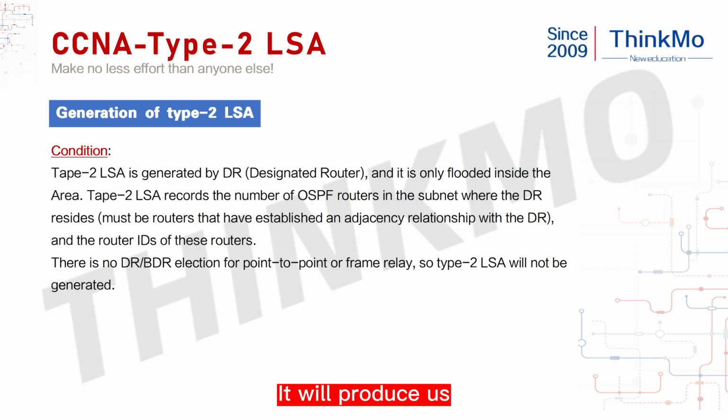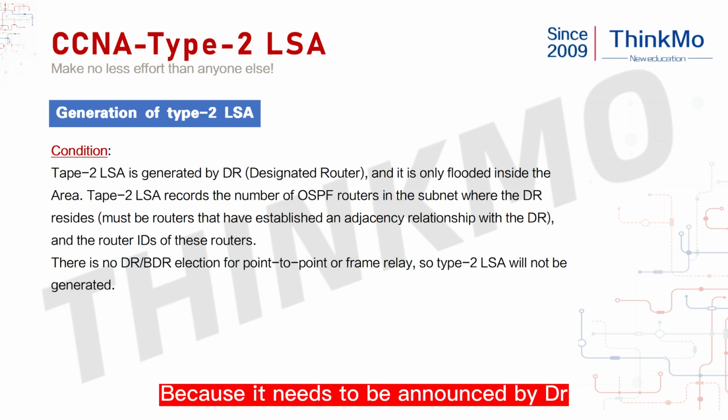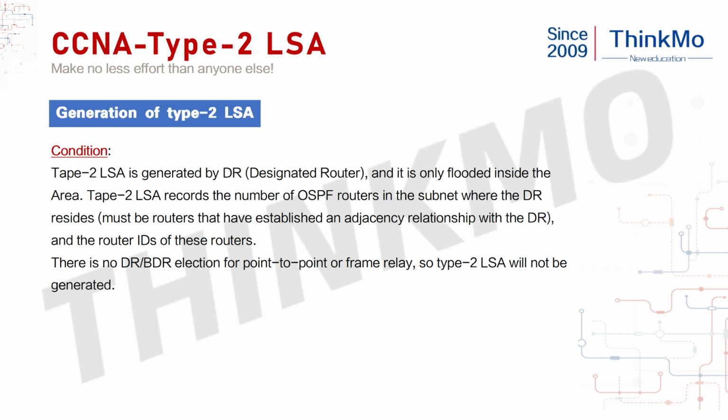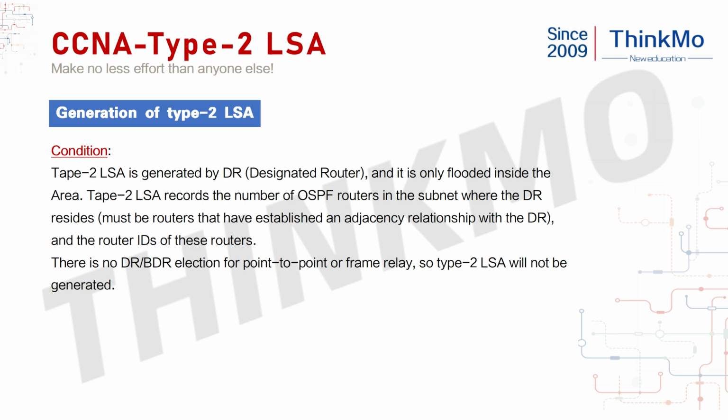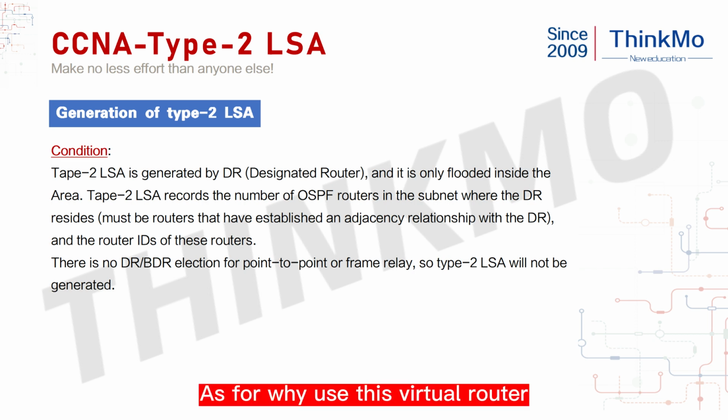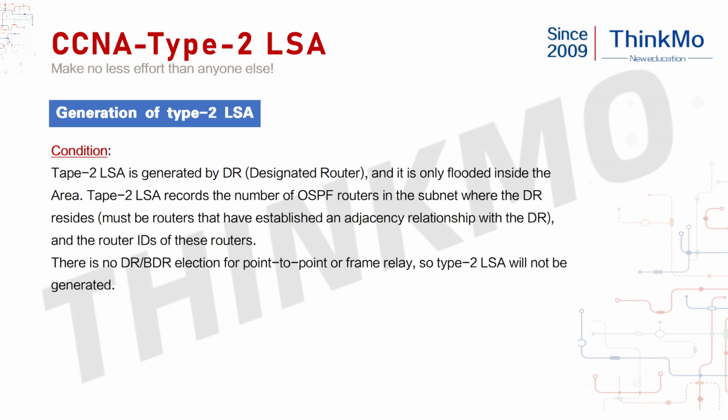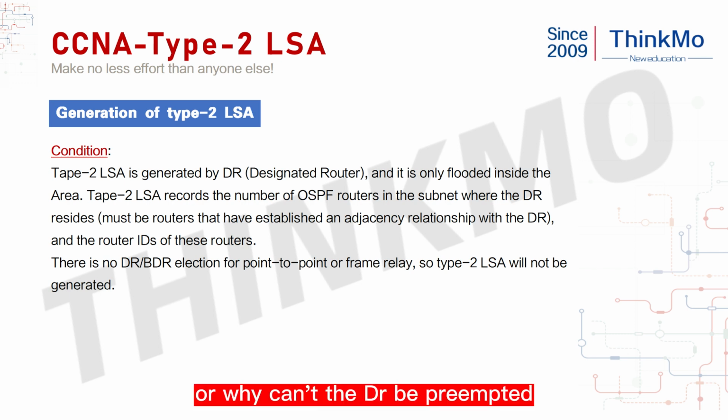It will produce the Type 2 LSA mentioned, because it needs to be announced by the DR. This virtual router uses the IP address of the DR interface as its unique identifier. As for why use this virtual router, welcome to my previous installments on pseudonode, or why the DR can't be preempted. That's all for today.